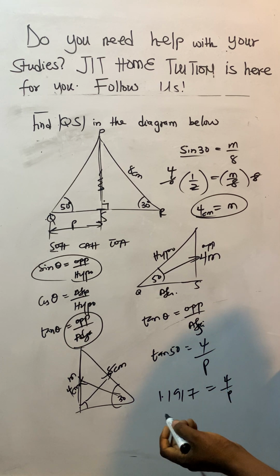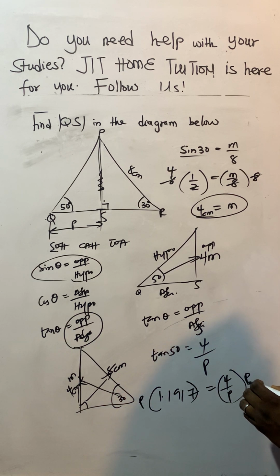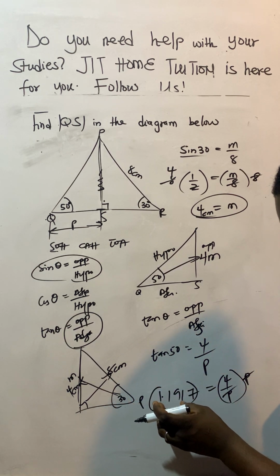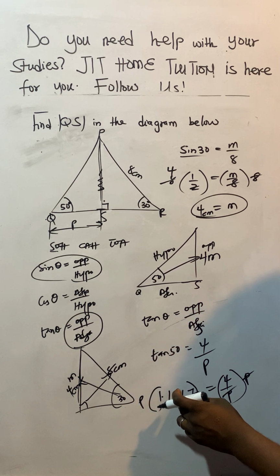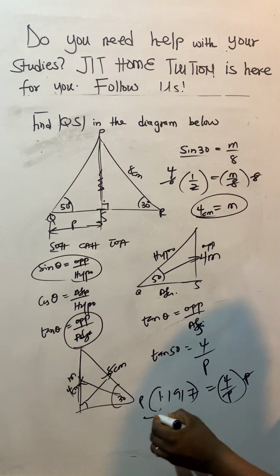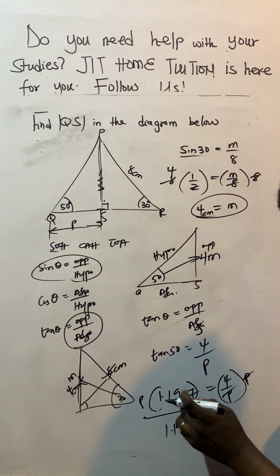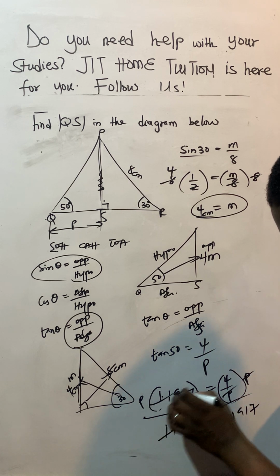Okay, so what are you going to do? You can multiply both sides by P so that this side will cancel. Then after that, this now has become the coefficient of P. So you divide both sides by 1.1917. All right, this one will cancel.